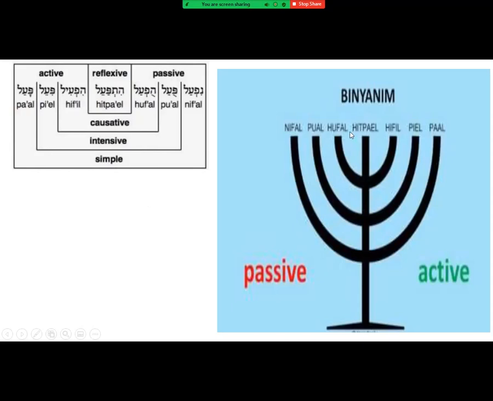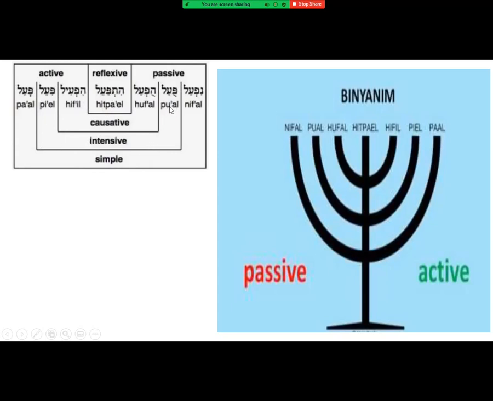Let's say it was the verb to hit. Pa'al would mean to hit something. I hit it, I hit the ball or whatever. Versus this, it was hit. It's still pretty simple. Piel would mean I smashed it, I obliterated it, I broke it into little teeny pieces.